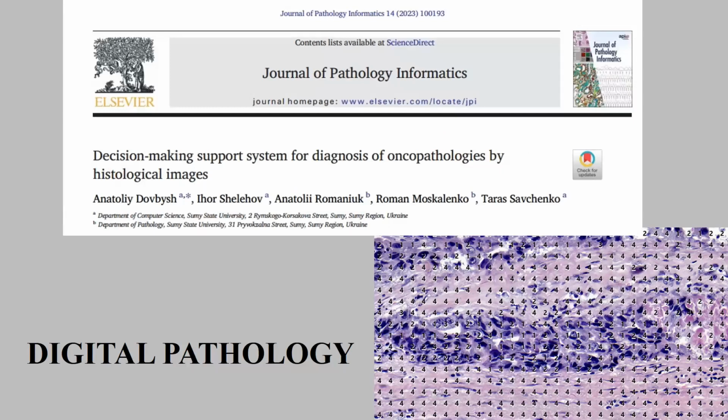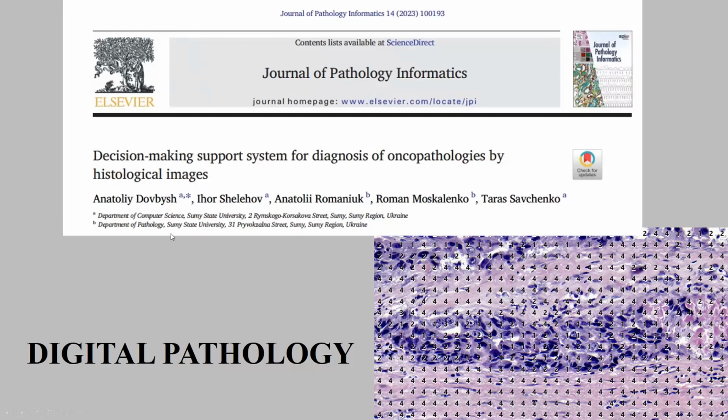Also, we live in the age of digitalization, and all people hear about ChatGPT bot and artificial intelligence, and probably in a short time artificial intelligence will help us to make diagnosis.